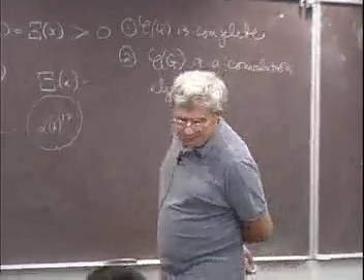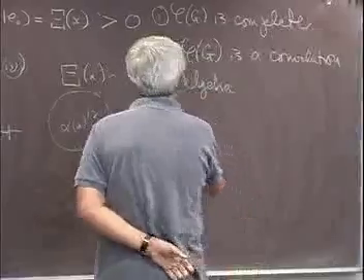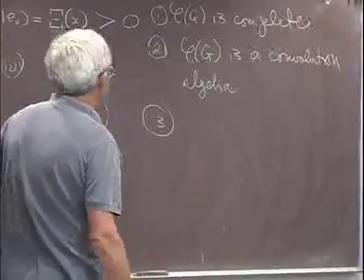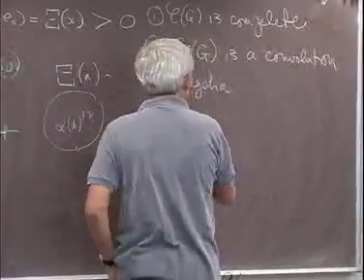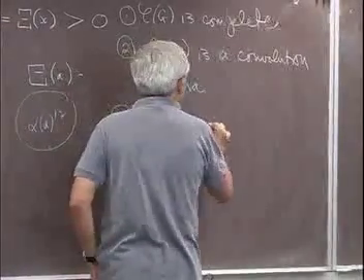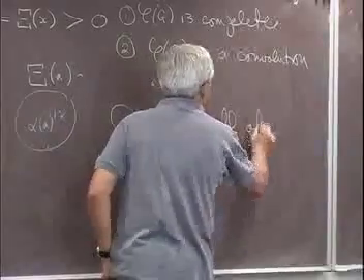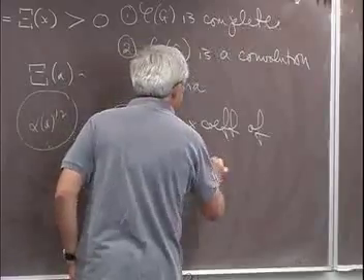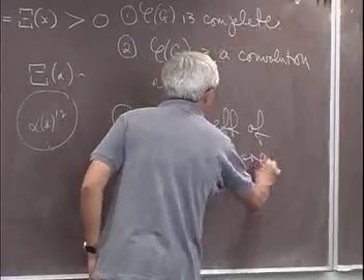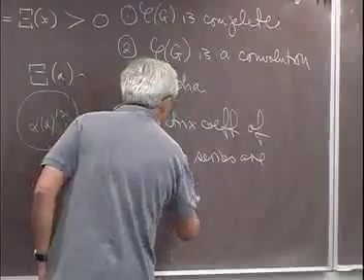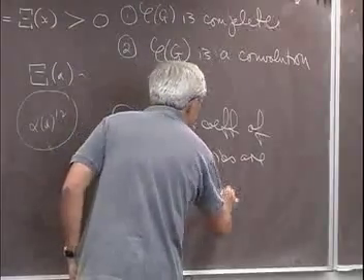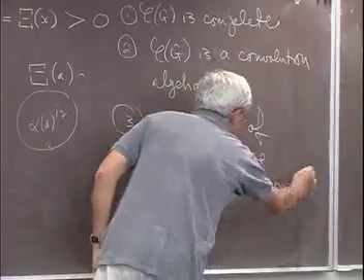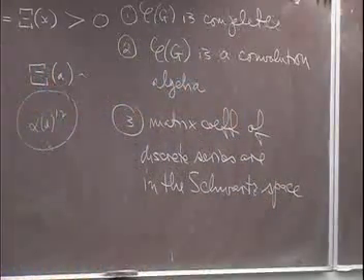Then the third property, which is important, is that matrix coefficients of discrete series are in the Schwartz space. This is rather easy.